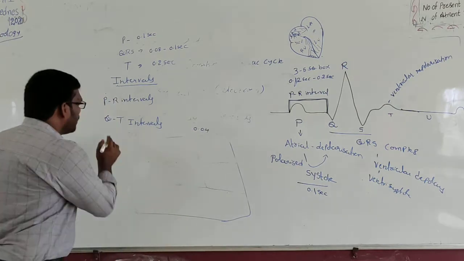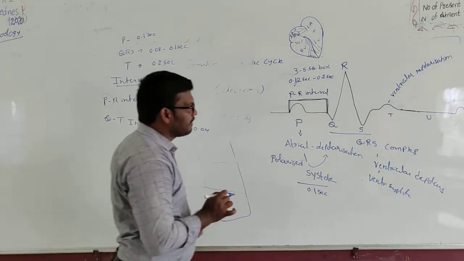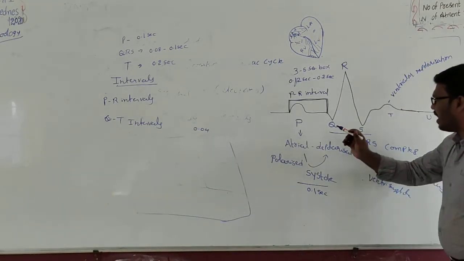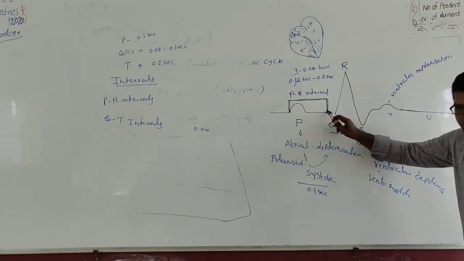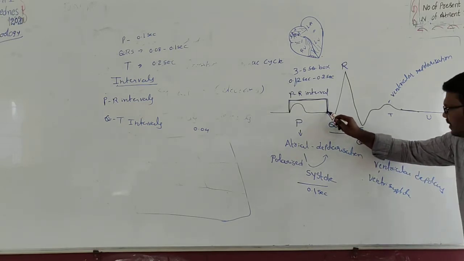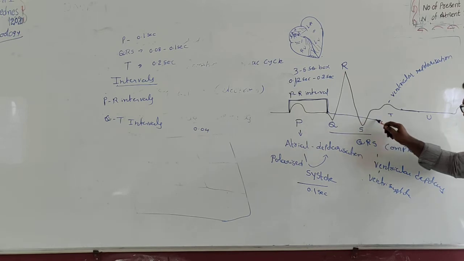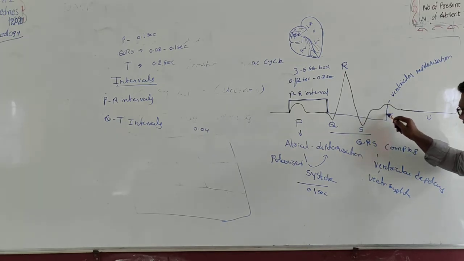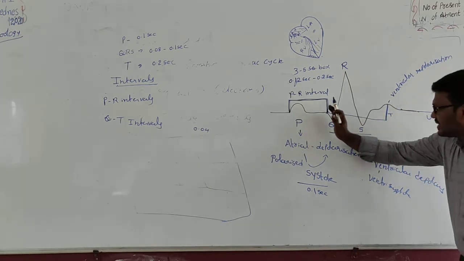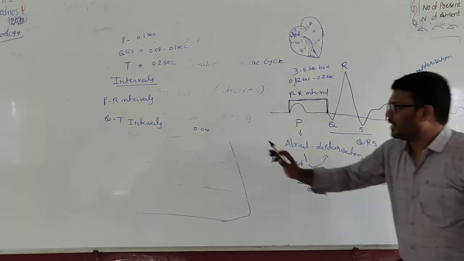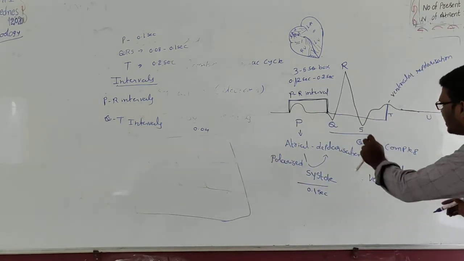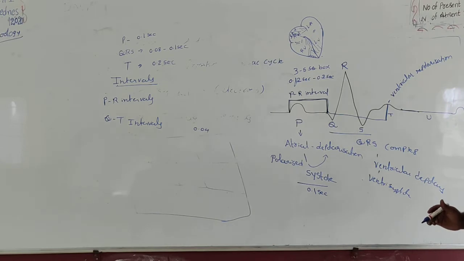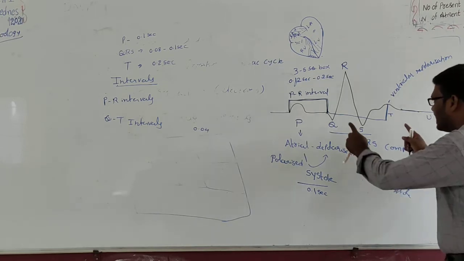And then the QT interval. QT interval indicates the onset of Q and the end of T. This interval is called the QT interval. How many seconds can this QT interval take?